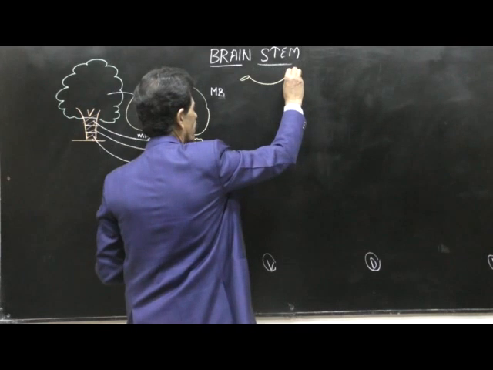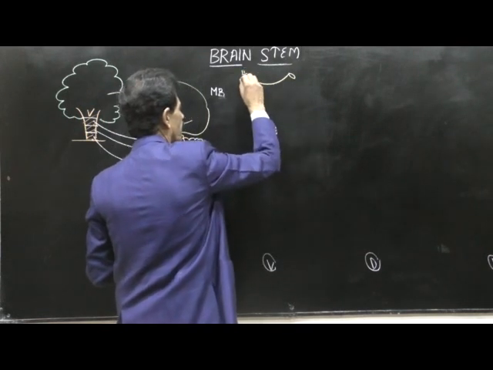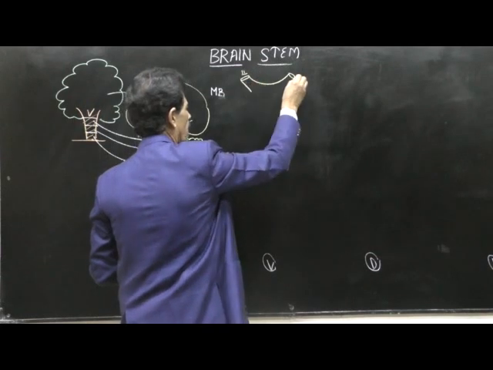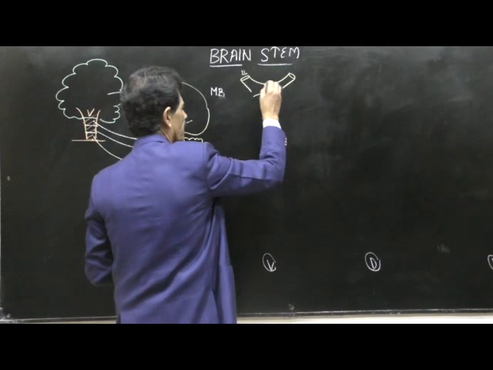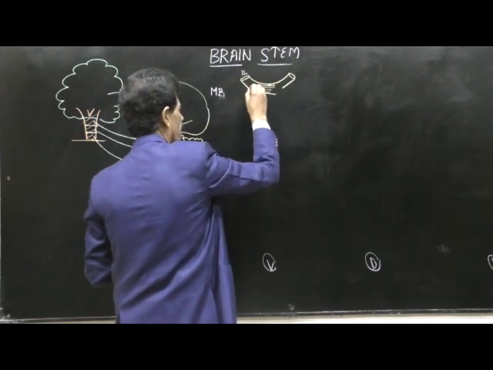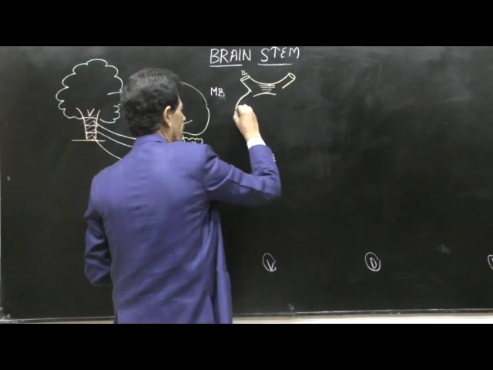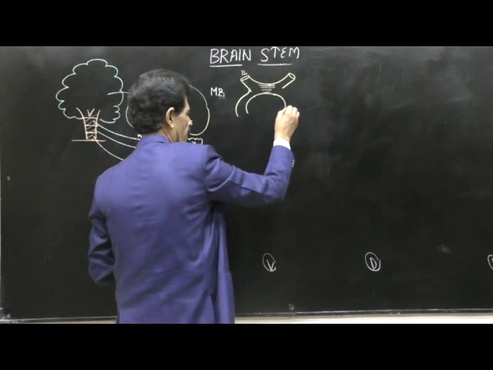Anteriorly it is bounded by the two optic nerves, the second cranial nerves. The two optic nerves come and cross, and that crossing is called the optic chiasma. After the optic chiasma, the optic nerve continues as the optic tract.